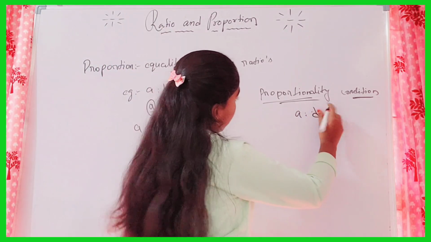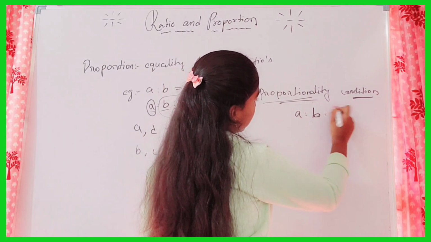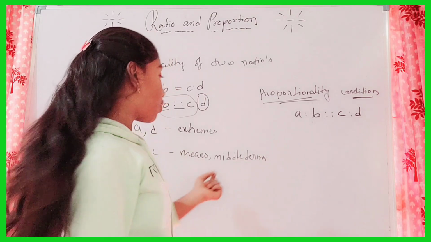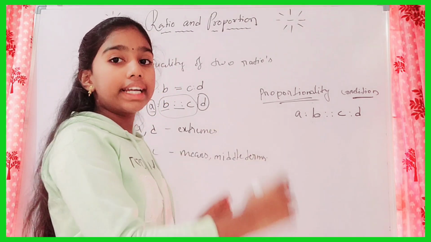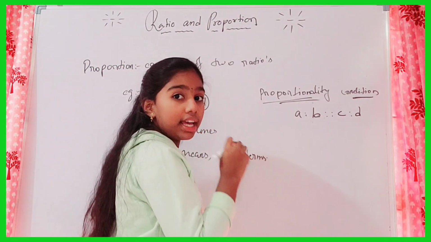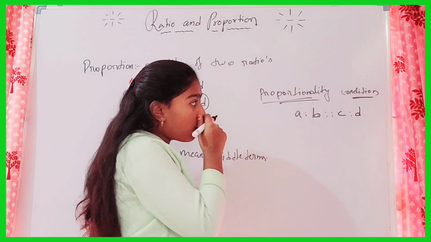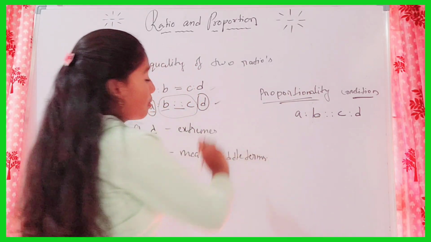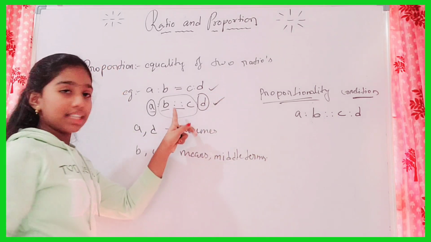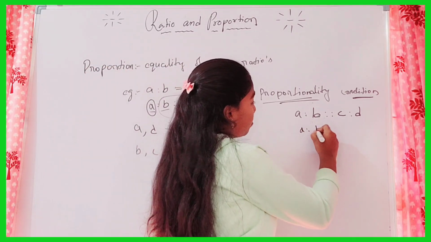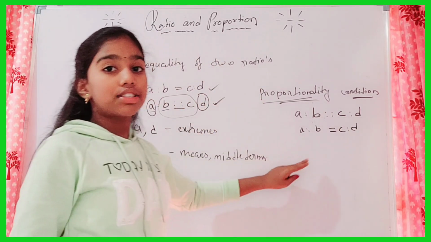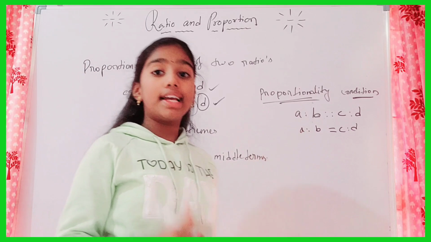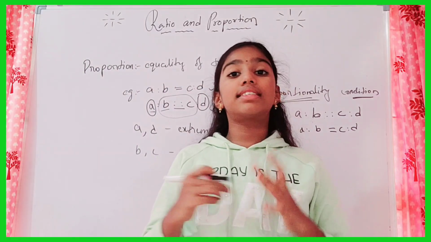A is to B is as C is to D. To represent proportion we write it like this. The symbol is only for representation, so these two signs are equal. I am writing A is to B is equal to C is to D. Here A is to B is a ratio, and we have seen that the fraction form is the same as the ratio form.